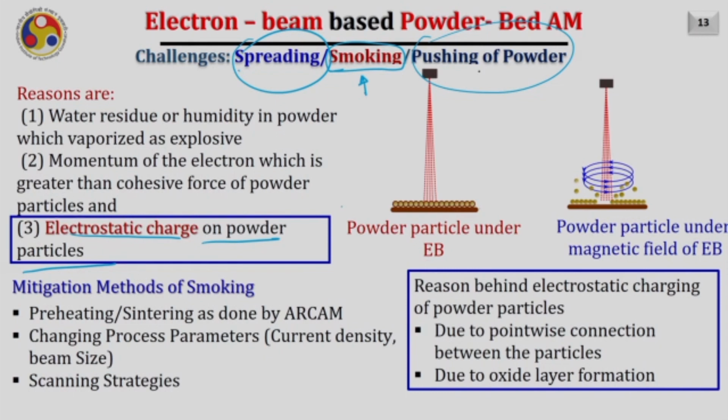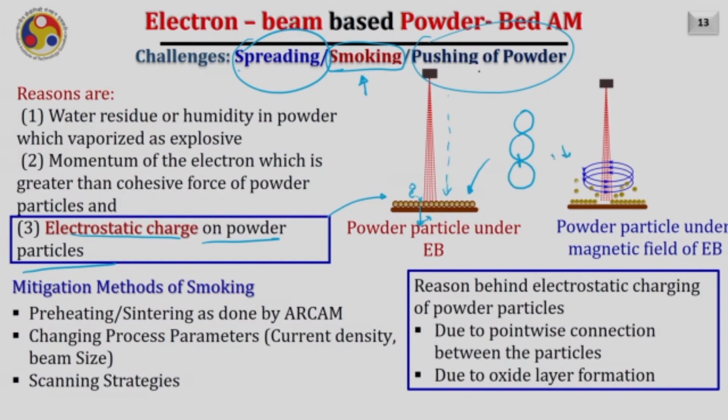So as you are seeing here, this is a layer of powder particles and the electron beam is falling onto it. Now assume the electrons strike these particles. Of course, there will be three types of electrons. Some will transmit, some will backscatter, and some will get absorbed as well. In powder bed based processes, the powder particles have a very bad contact area, meaning very little contact area.